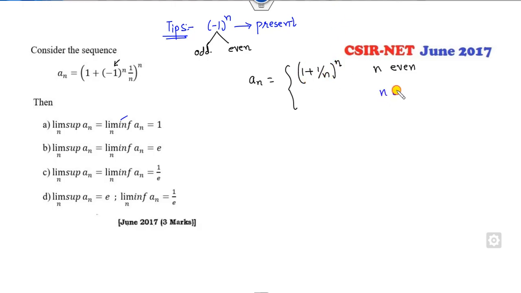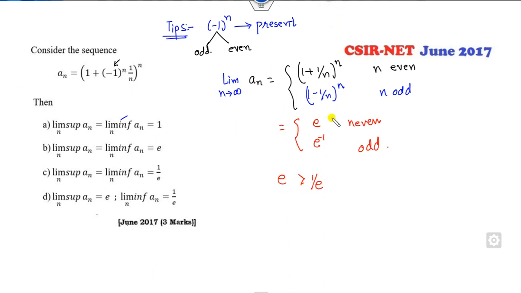When n is odd, this term will be -1 over. Then always take the limit as n approaches infinity. So what is the answer of this? It is e raised to power -1 when n is odd. Now clearly e is greater than 1 over e. What does it mean? This value is my supremum, this value is my infimum.